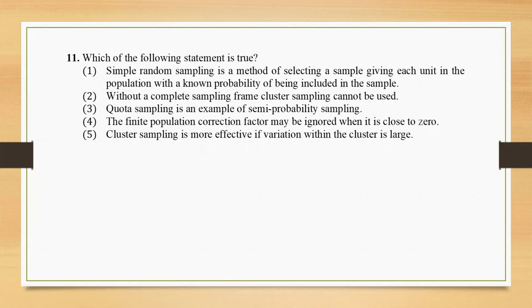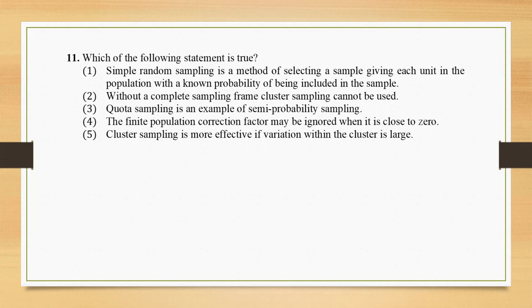If you know the definition of simple random sampling, then you can identify whether the particular statement is correct or incorrect. So what is the definition of simple random sampling?